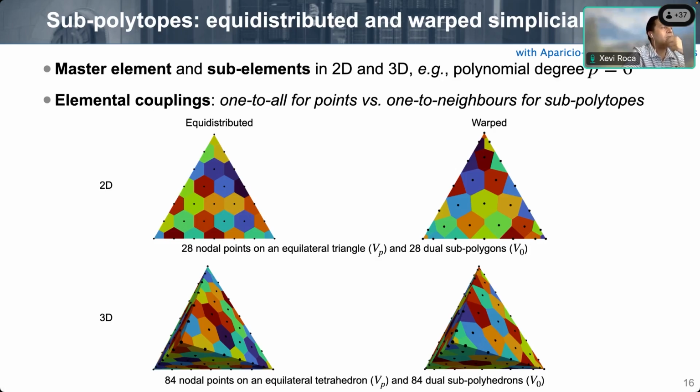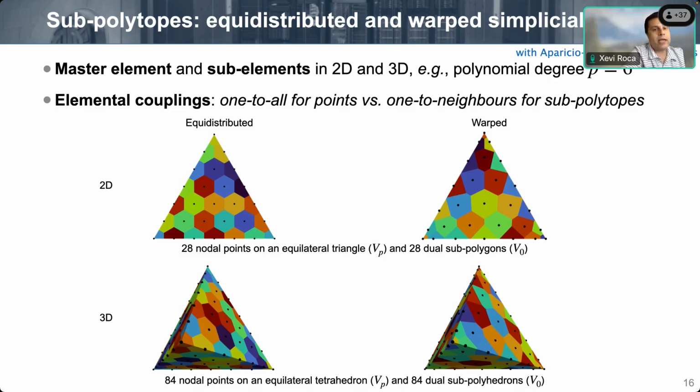For P6, in 2D, you have 28 nodal points. And if you take, for instance, the central point, this point is going to be coupled with itself and all the other points when you look at the equations at the elemental level. So 1 against 28, accounting for itself. But what happens if I solve a low-order problem in the subpolygonal mesh? Let's take a look at the dual mesh of the central point.